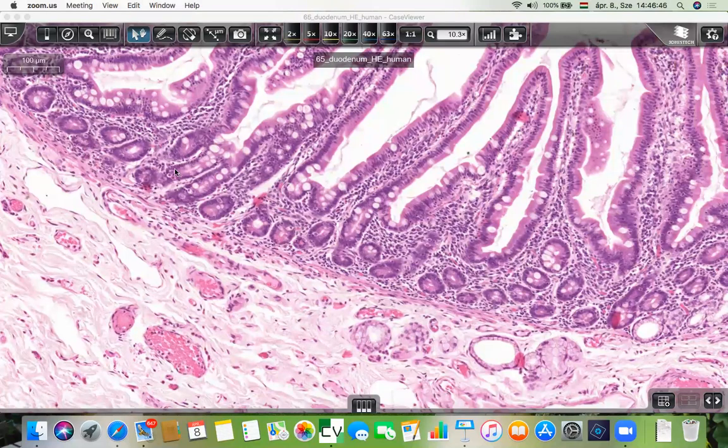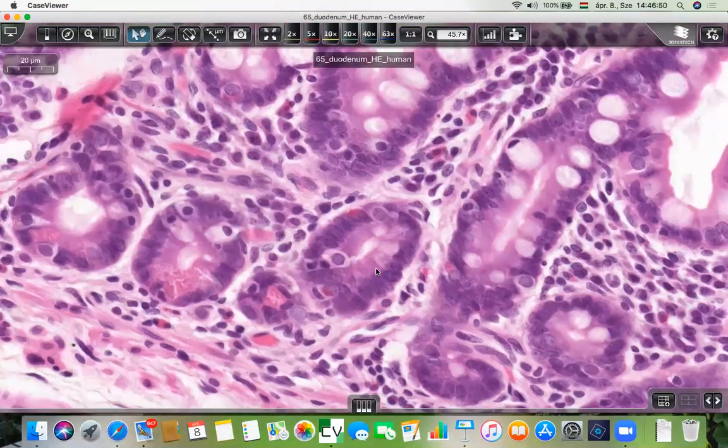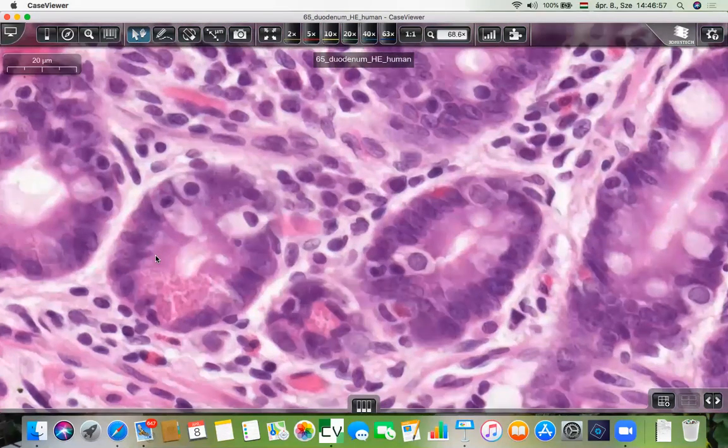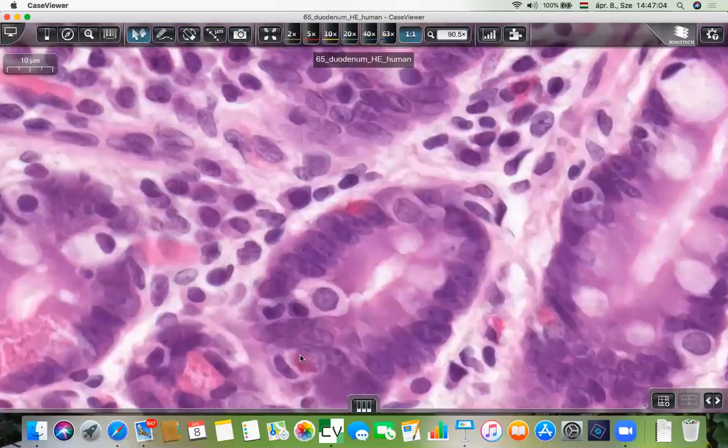So we have another cell type, which is a little bit different than the previous ones. Looking at this, here we have the simple columnar goblet cell, Paneth cells, but looking at this and that, at the bottom of the cell, we can find some reddish something. This is a different type of cell called enteroendocrine cell.